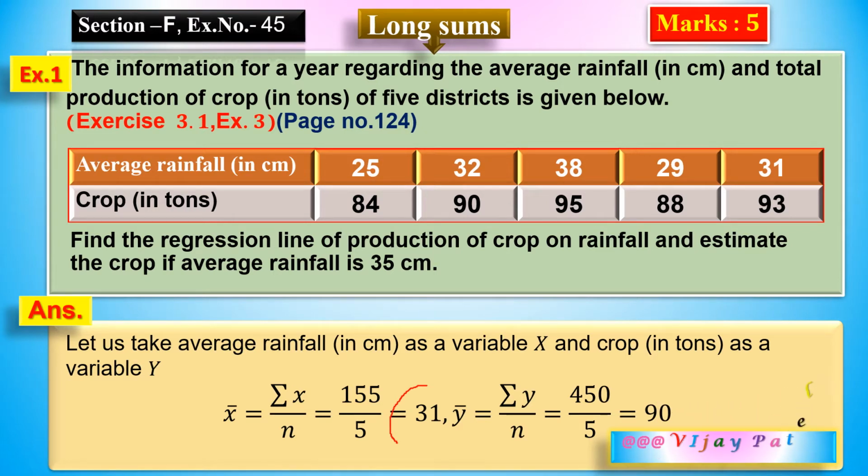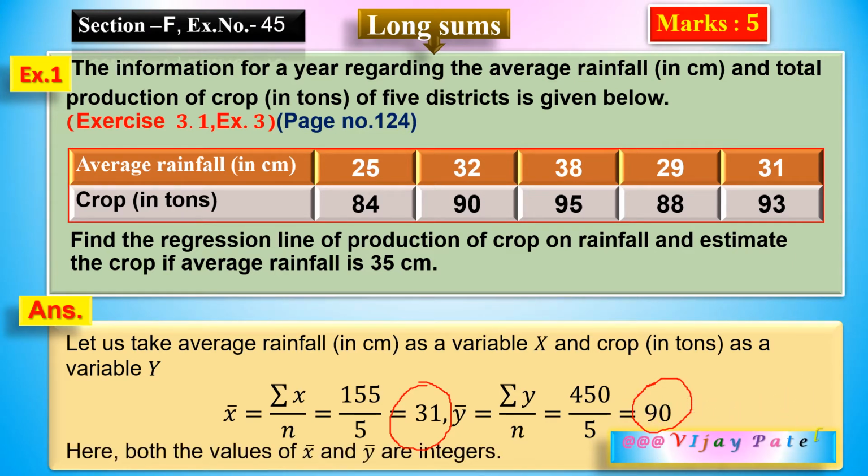Here x bar and y bar both are integers, so we can apply the formula to find b is equal to sigma (x minus x bar) into (y minus y bar) upon sigma (x minus x bar) whole square. Here both the values of x bar and y bar are integers, so to find constants b and a we use the table which is as here.